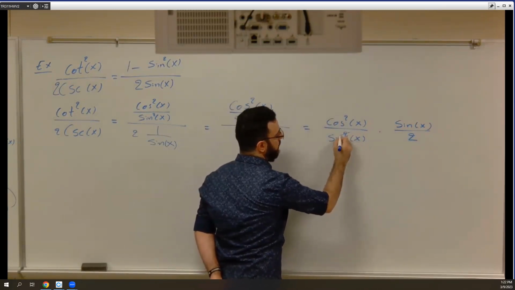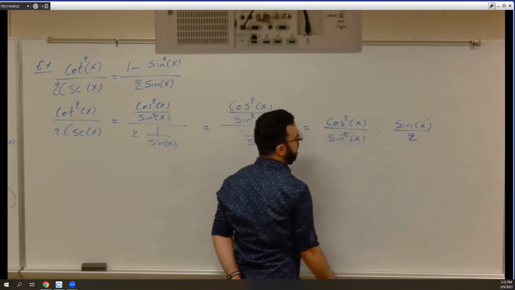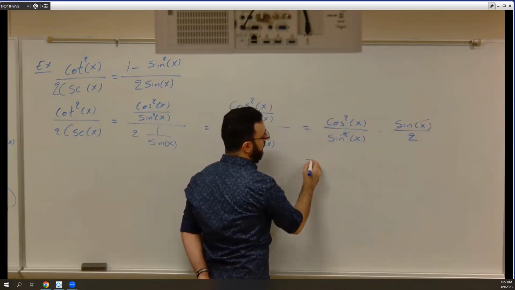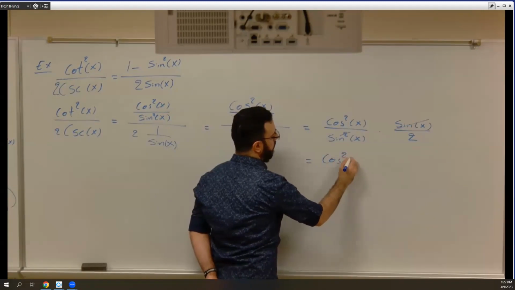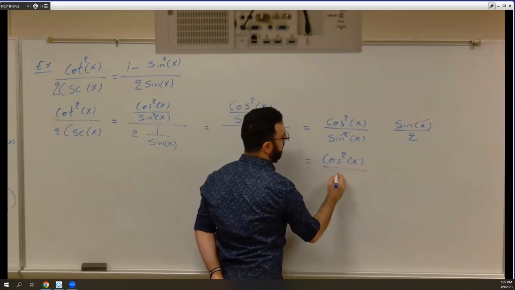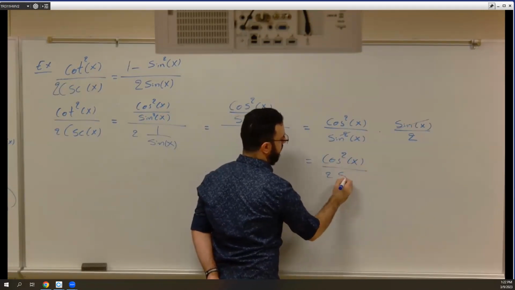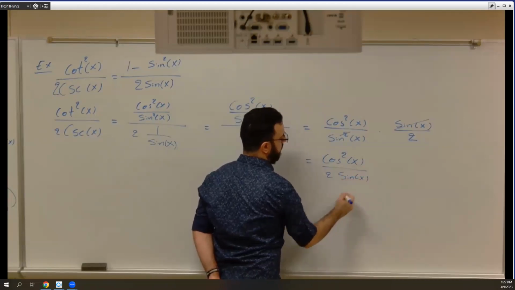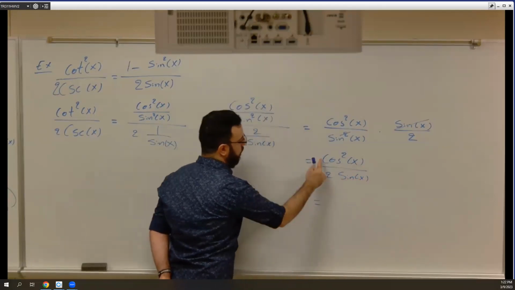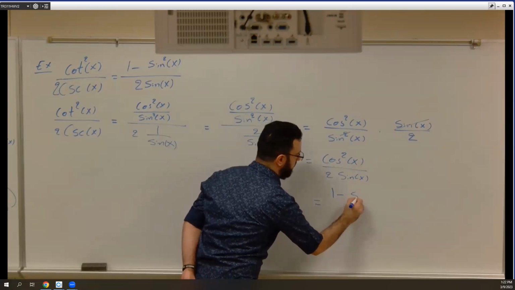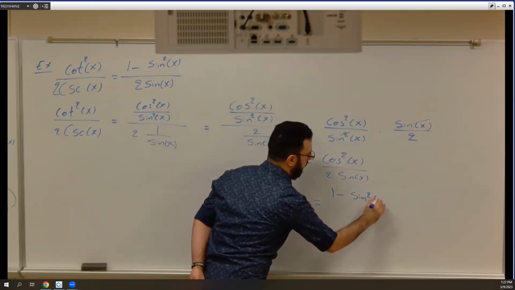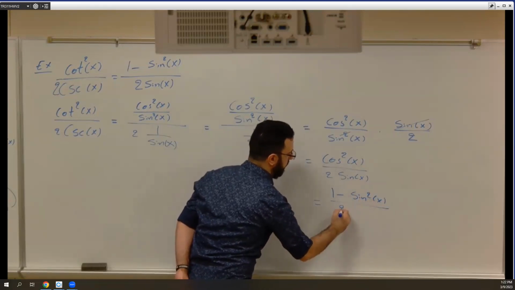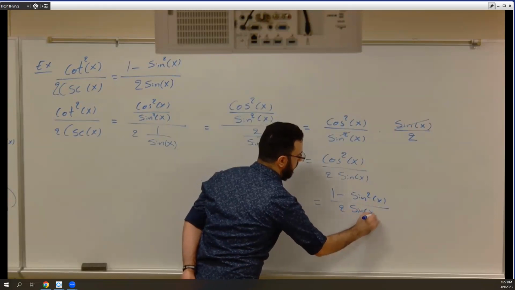There's one here. So the left on the top is cosine square x over 2 sine x. Cosine square is 1 minus sine square x, divided by 2 sine x.